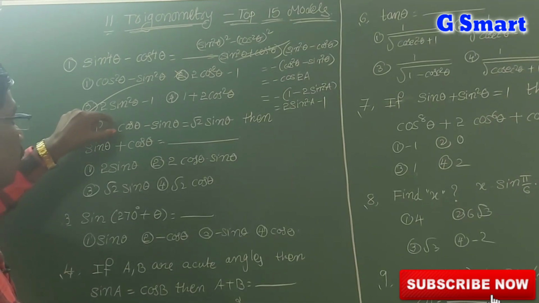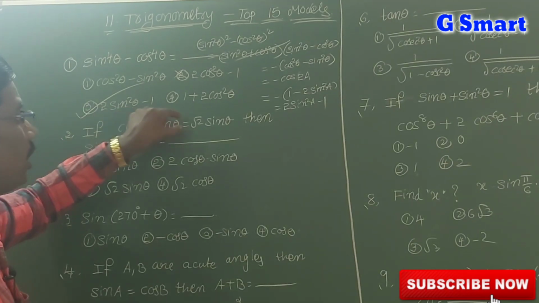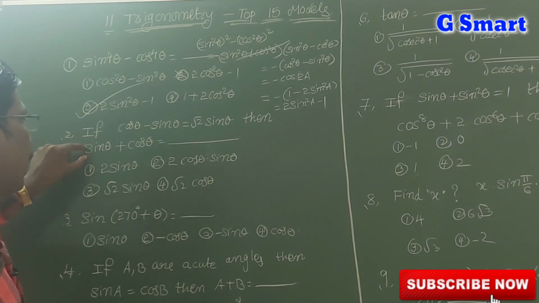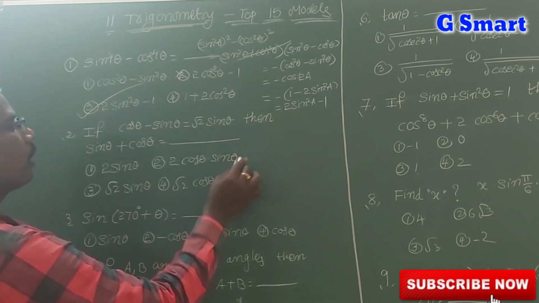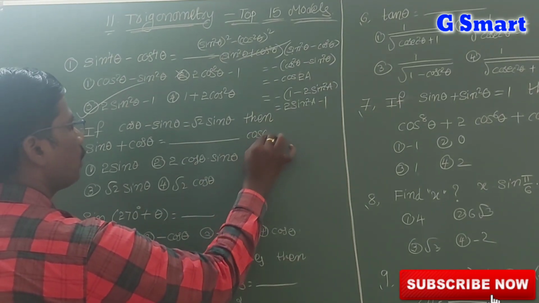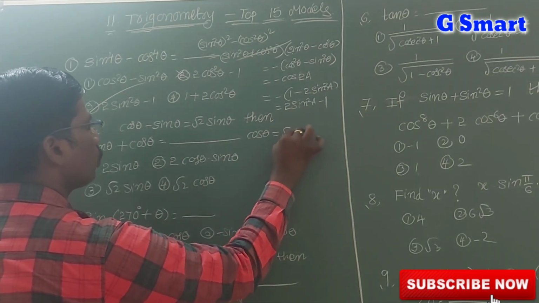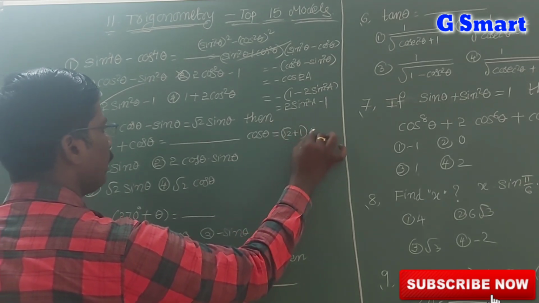Now see here, cos theta minus sin theta is equal to root 2 into sin theta, then what is sin theta plus cos theta? Simply bring this minus term to that side, then it becomes cos theta is equal to (root 2 plus 1) into sin theta.